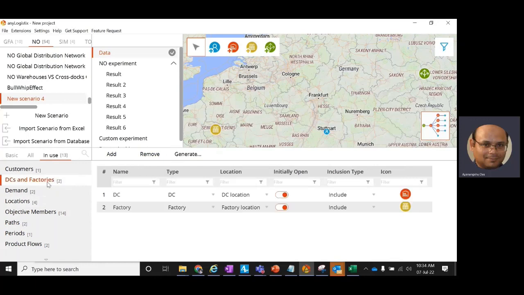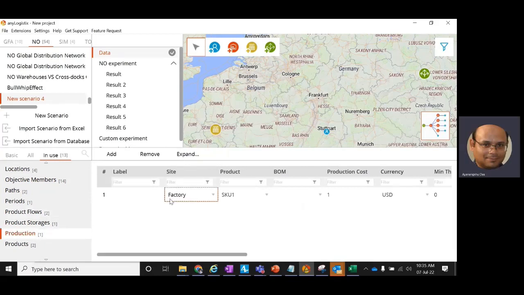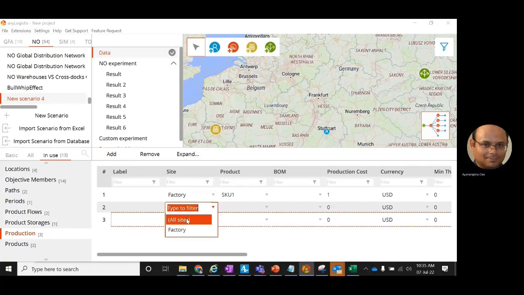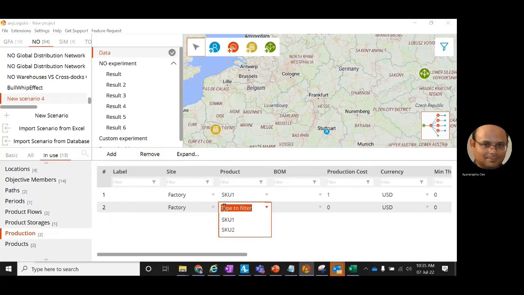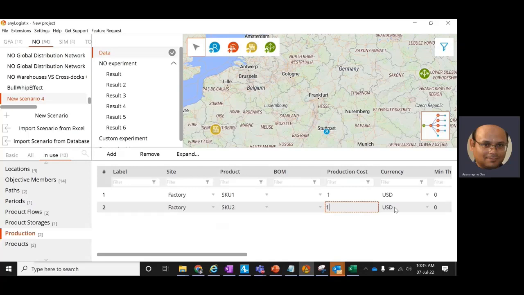Let's say this factory is a machine which makes two SKUs, SKU1 and SKU2, and that's it. Then we will label this factory SKU1, and similarly we can name it factory SKU2, and we will go to the custom constraints table.